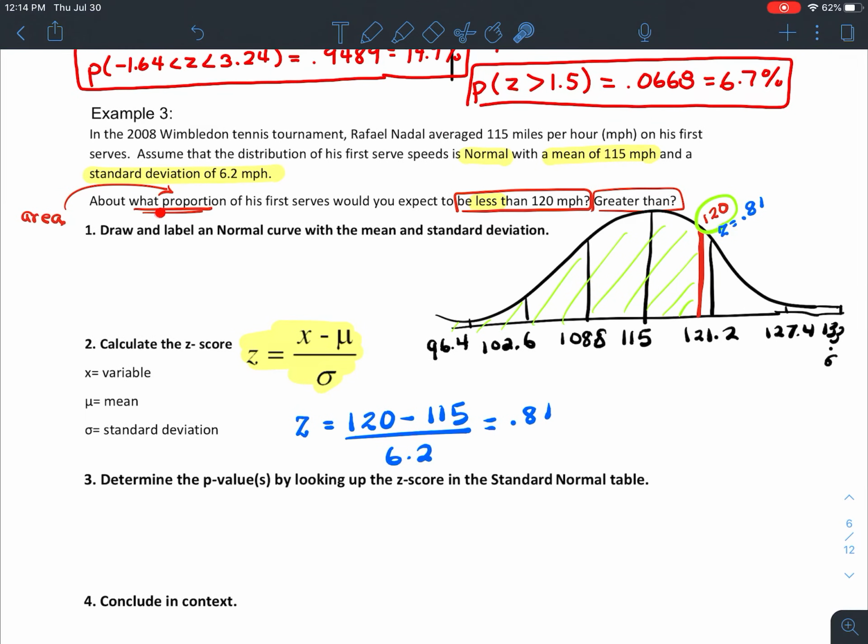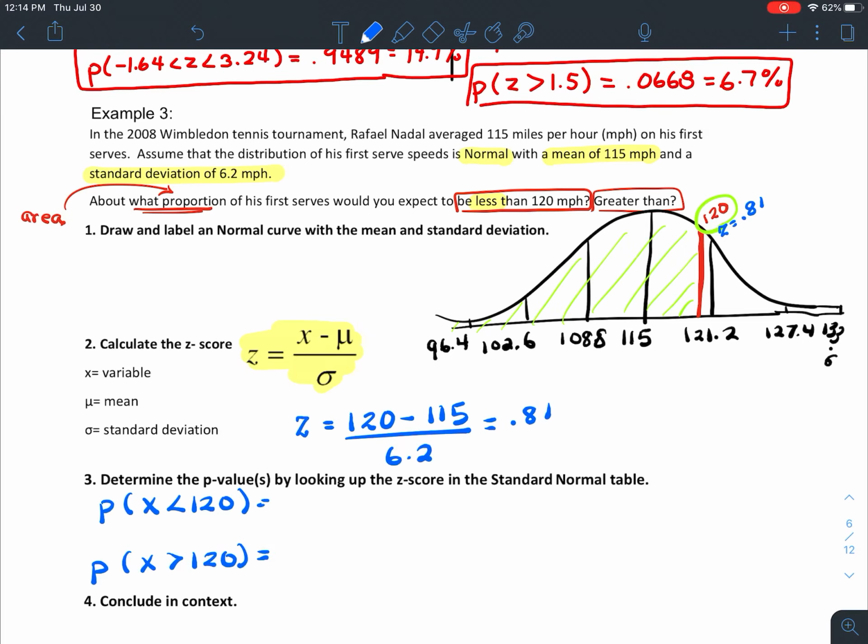Part 3 says determine the p-values. These are the proportion or the probability of it being less than 120 and greater than 120 by looking up the z-score in the standard normal curve. So we want to find the probability that his serve is less than 120, and also the probability that it's greater than 120.